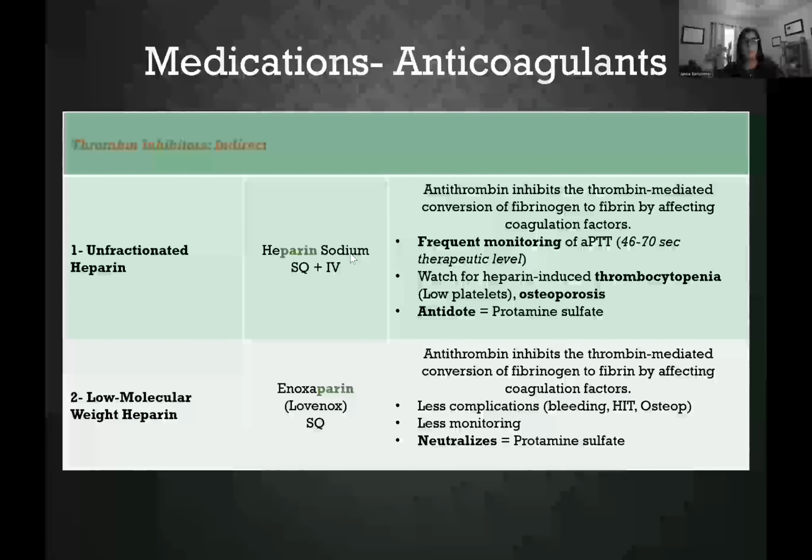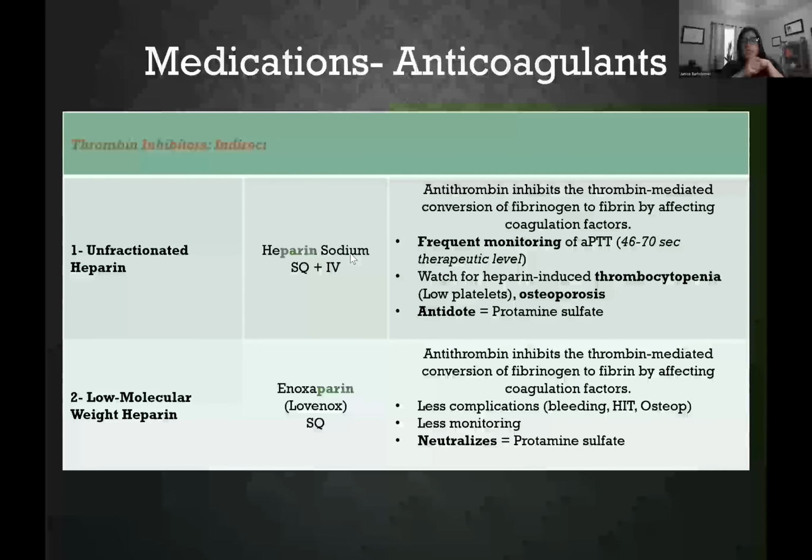So when someone is on anticoagulant therapy, you want them at a therapeutic level. You want to make sure that they're between 46 to 70 seconds. Now, it does have some complications and it could cause heparin-induced thrombocytopenia, which is low platelets, and osteoporosis. The antidote is protamine sulfate.